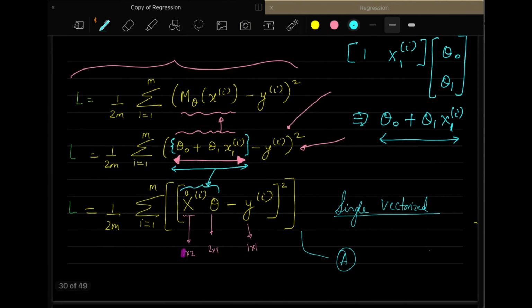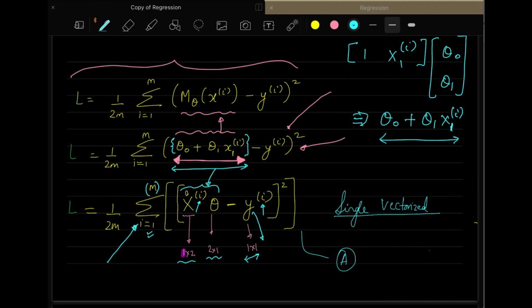And you can see the dimensions also match. If you do 1 cross 2 times 2 cross 1, you will get a 1 cross 1. Similarly, you have 1 cross 1 here, which is the y. Please note, I am not replacing this by a matrix. It's simply yi. And you can see that this i is running from 1 to m. So you are summing. The summation problem is still there.